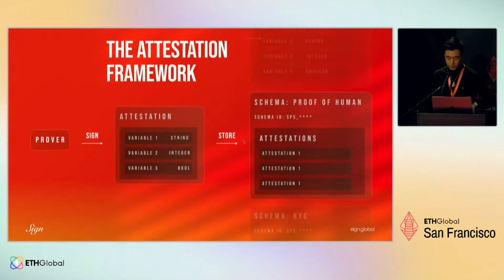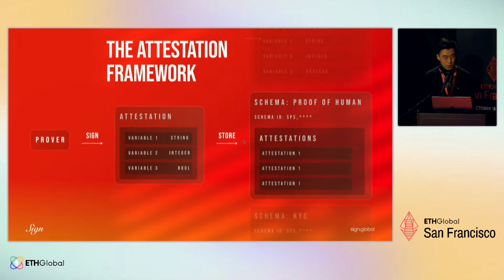And if you know us, you will know that we had an old product called ETHSign. It's still here. It's basically on-chain DocuSign. We have another product called Token Table, which is on-chain token vesting for investors or airdrop distribution. But for this hackathon, we're focusing on Sign Protocol, which is what I just described, the on-chain database.